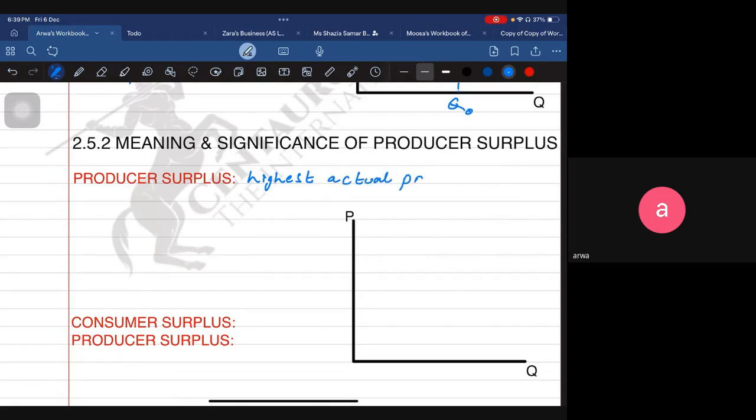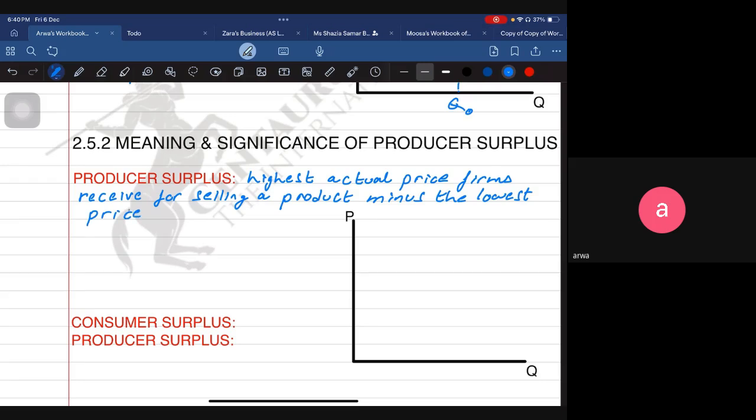Highest, and this is opposite here. The highest actual price firms receive for selling a product minus the lowest price that they were willing to sell the product at, not actually sold at.